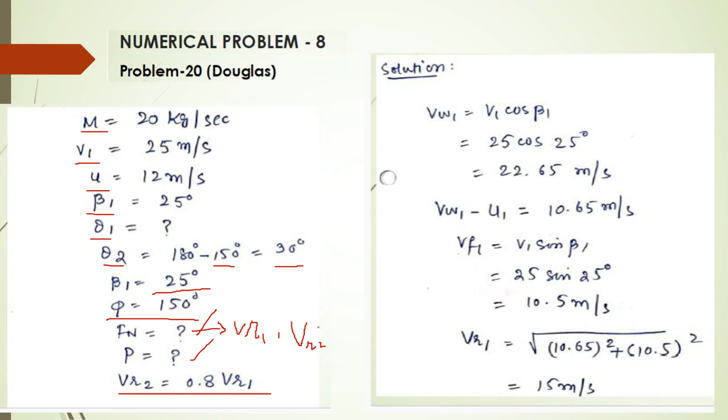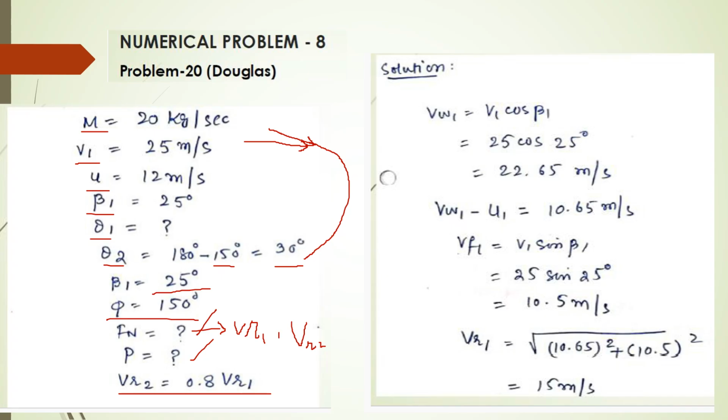If that's so, then we need to move to VR1 at first. Okay, so for VR1, we have the relationship. We have a certain angle at both sides. We have relative velocity VR1. We have velocity of the jet as V1.